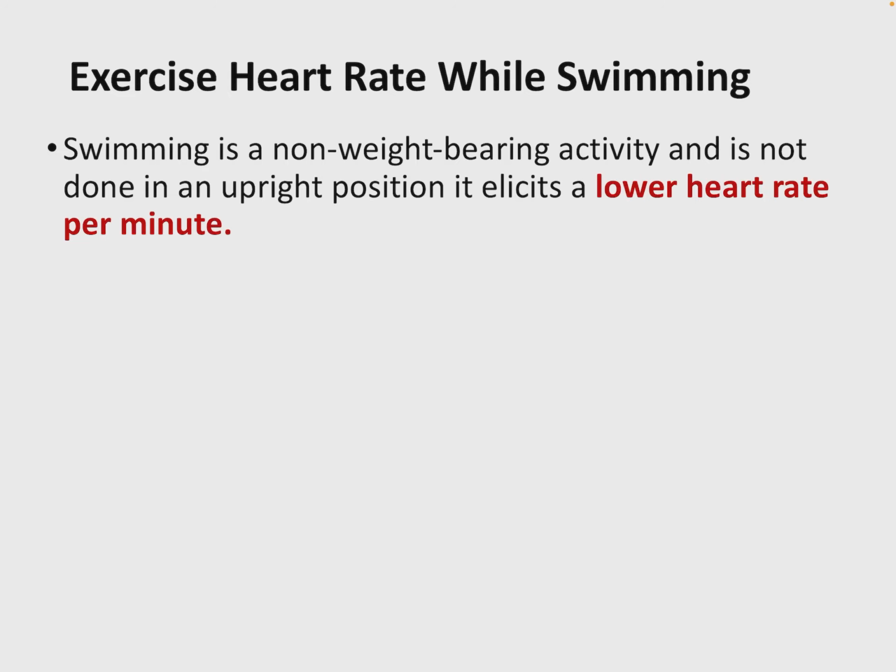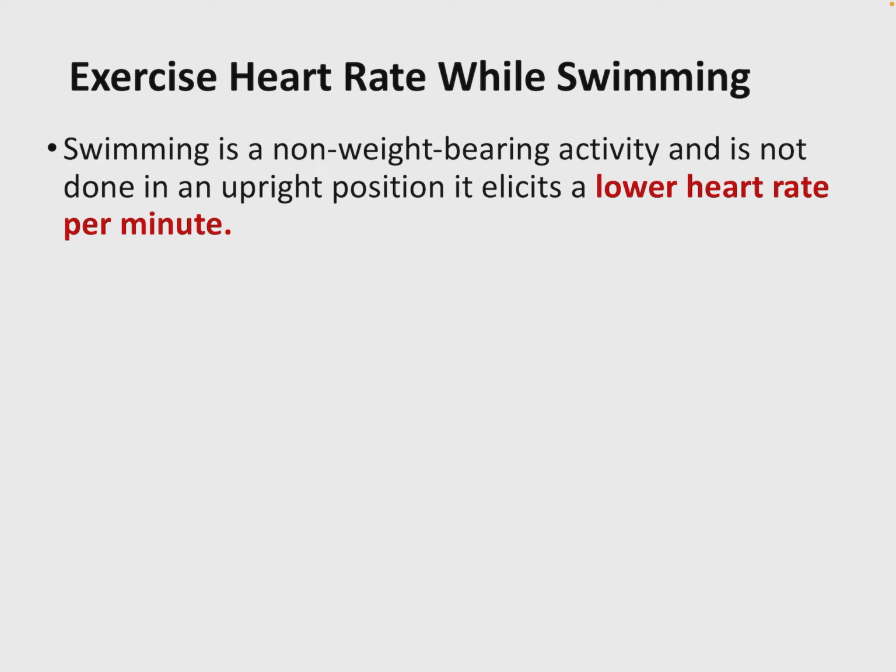And there's a few reasons for this. One is you're horizontal while you're swimming. Most people, I tend to end up going through the water a bit more vertically, which is why swimming is so physically exhausting for me. But commonly, you're horizontal, and also swimming is non-weight bearing.